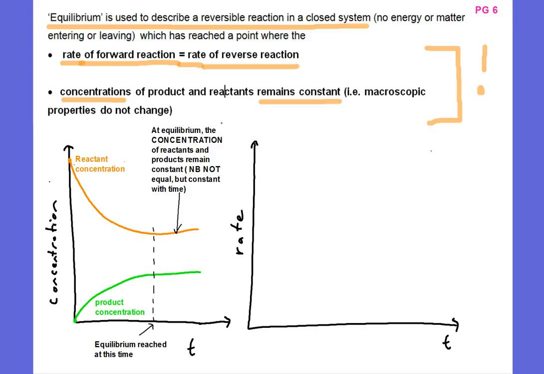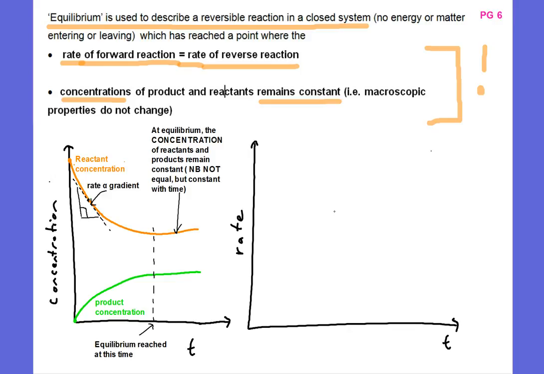And the key thing to note is at equilibrium, the concentration of reactants and products remain constant. But the key thing is to note there's a gap between them, there's a difference between them. You don't have to have the reactants and products at the same concentration, just that their concentrations remain constant. And depending on, for example, the percent ionization of the acid or the degree of reaction, we'll get different amounts of reactants and products at the equilibrium point.